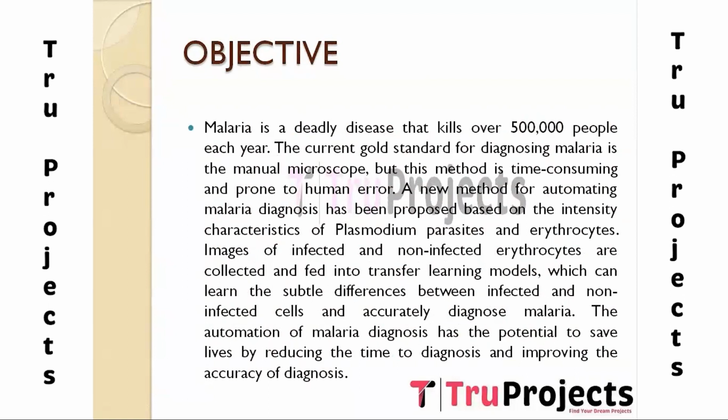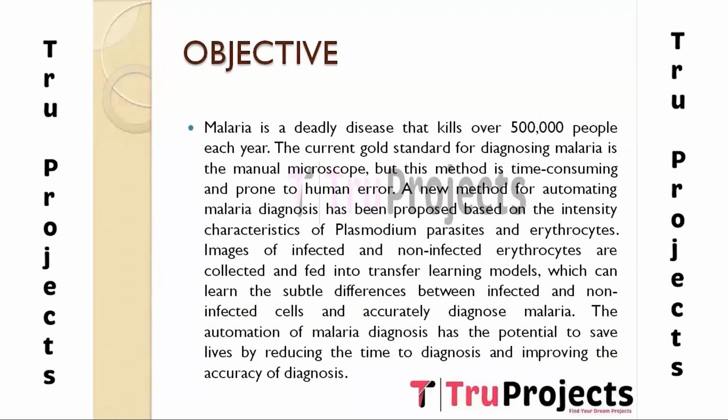The conventional methods for diagnosing malaria rely on manual microscopy, which is time-consuming and susceptible to human errors. A new automated approach has been proposed for malaria diagnosis, which utilizes the intensity characteristics of the Plasmodium parasite and erythrocyte.